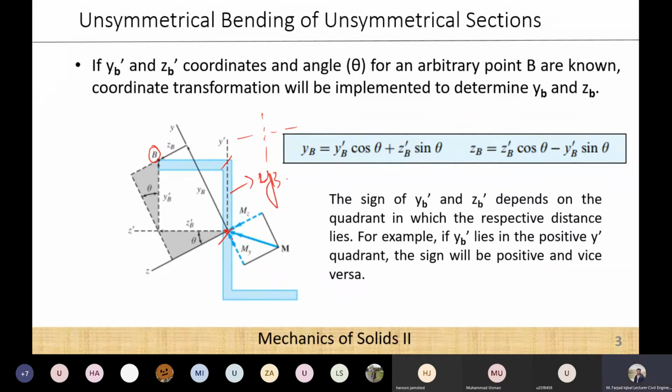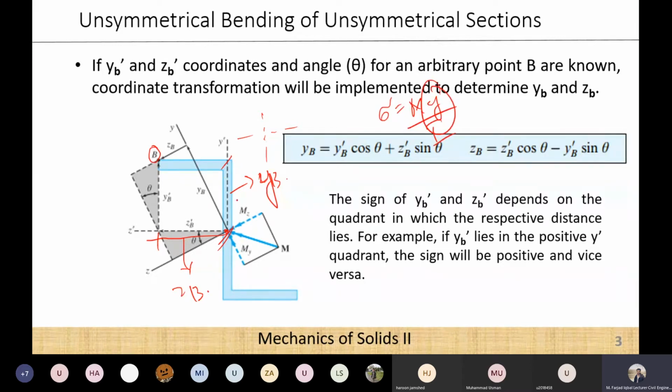In the case of a symmetric section, we directly substitute these two distances in our flexural formula, My over I. We directly substitute the straight distances.